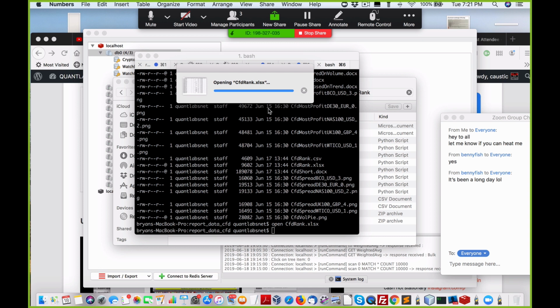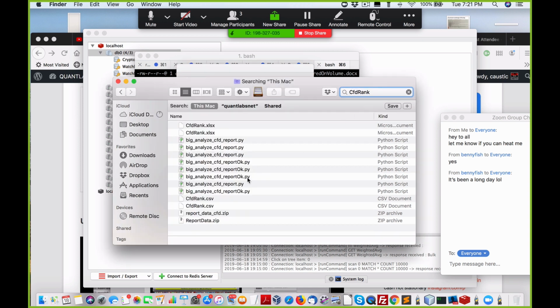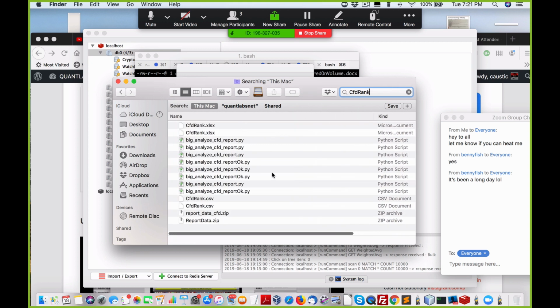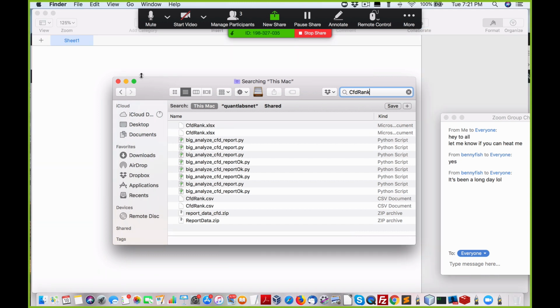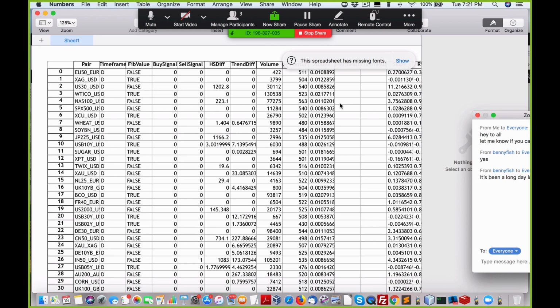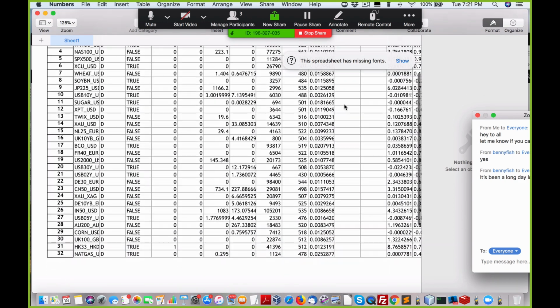Wow. So these files, like I said, are a total of about five meg that you'd be downloading as a zip file. So here's the rank. This is a spreadsheet that my Python scripts will gladly download.